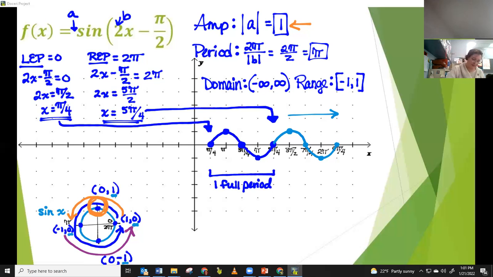Remember, we called that the midline. We start right on the midline, and then it goes up to its maximum. Then we come back down to the midline. We go down to our minimum, and then back to the midline. So my sine wave, we start on the midline, and then we go up, down, up, and then we end on the midline. Okay, I'm going to put the next example up here.